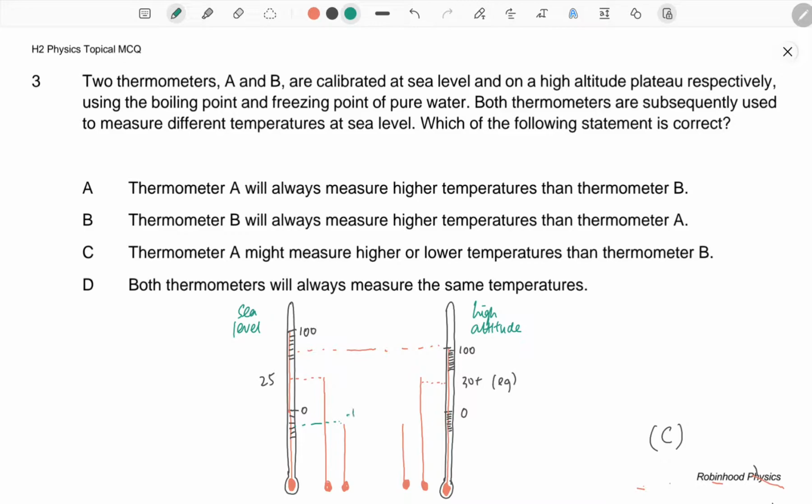Let's say this is -5. Then on this one, because the markings are closer to each other, here may read something like -6. Therefore, for the thermometer B, it may read higher or lower temperature depending on what temperature we are measuring. So the answer will be C.